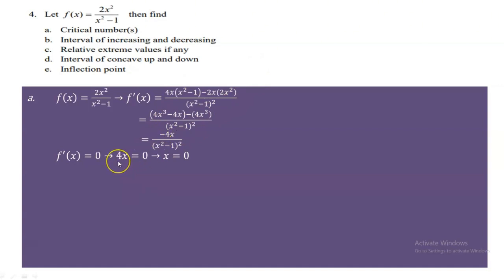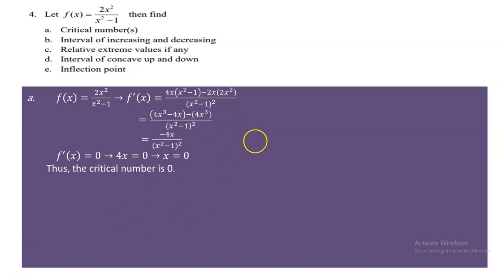So dividing by negative 4, you will get x to be 0. Here 0 is an element of the domain of the function, because the domain of the function is the set of all real numbers except minus 1 and 1. So 0 belongs to the domain, so it is a critical number. The only critical number we have here is 0.